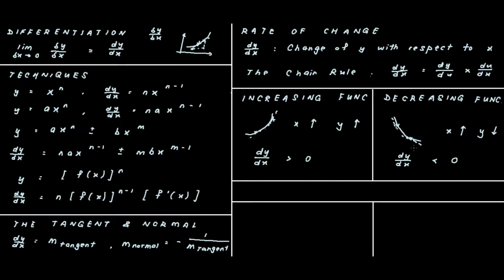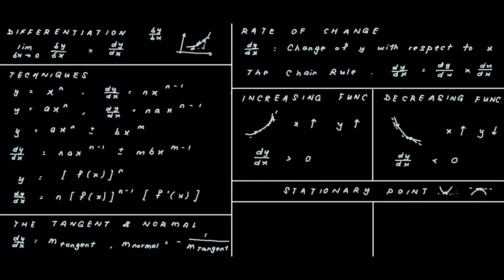Okay, then the last one, by using the idea of increasing and decreasing, we actually learn about the stationary point. We know that the gradient of the tangent we can find by using dy dx. Let's say you have something like this, where this is the minimum point, and the other one something like this, where this is the maximum point.